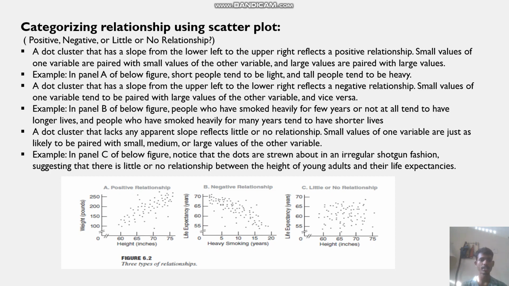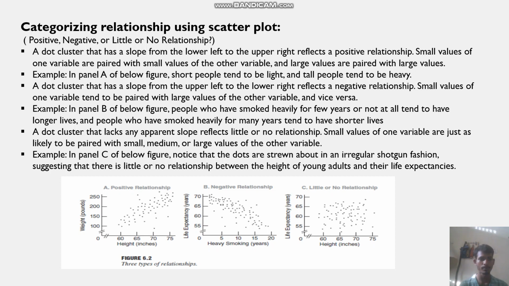A dot cluster that lacks any apparent slope reflects little or no relationship. Small values of one variable are just as likely to be paired with small, medium or large values of the other variable.